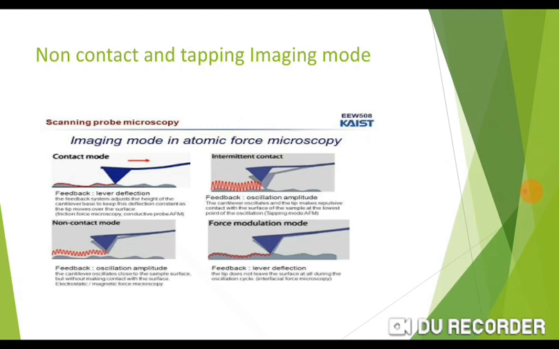Now, comparing with both contact and non-contact, tapping mode provides higher resolution with minimum sample damage. In this, the damage of the sample is also minimum. So actually, this imaging mode is in between contact and non-contact imaging mode, where it gives higher resolution as well as no damage is done as it is done in contact mode.